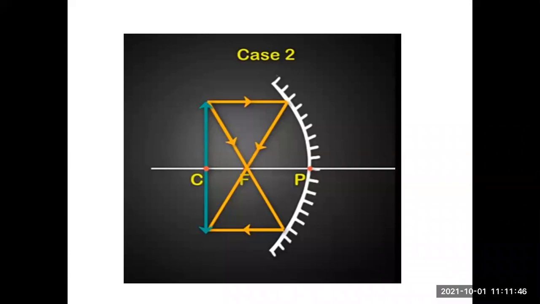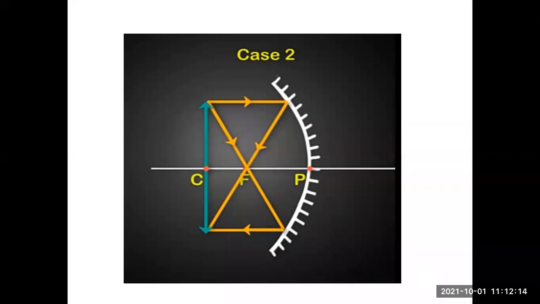So what is the significance of this image? The position of the object is at the center of curvature, that is at capital C. The position of the image is also at the center of curvature, so we are getting the object and the image both at C. The nature of the image is inverted and real.